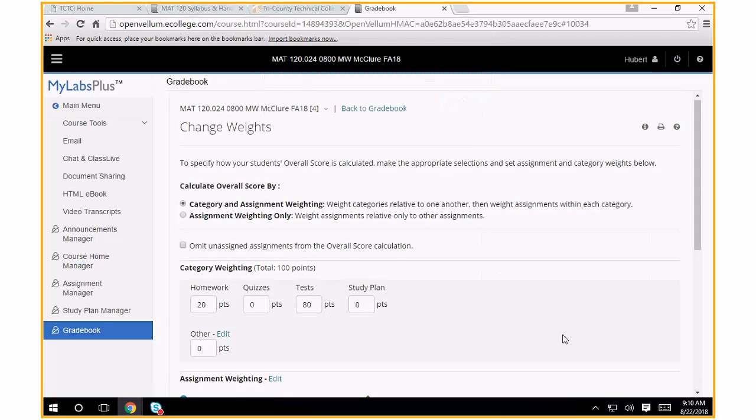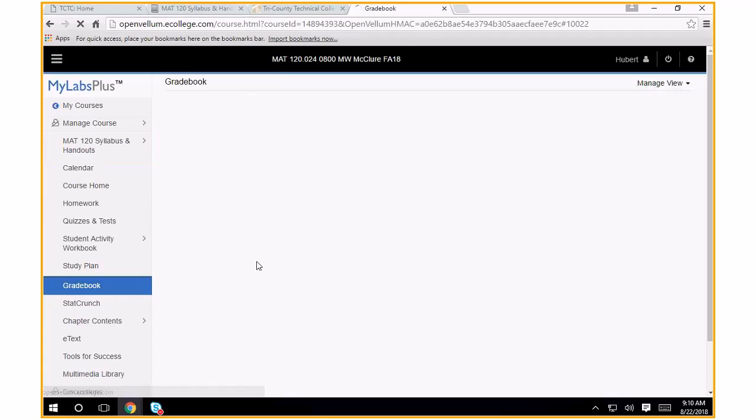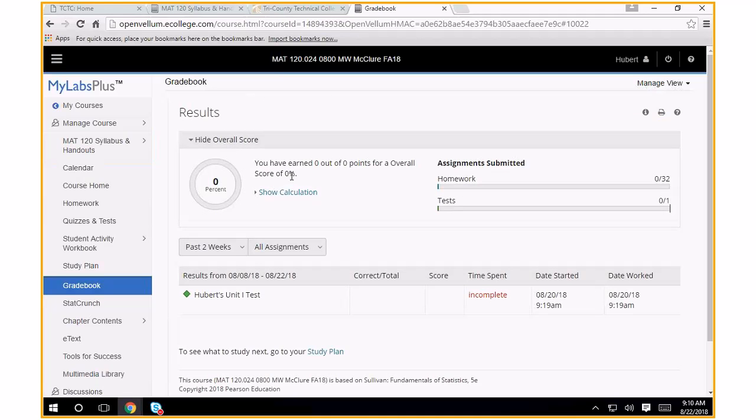All right, now when you go to overall grade in your grade book, it's going to read your grades, and it's going to calculate, and it's going to put it in this. Hit overall grade, show overall score, and then if you need more details, what do you hit? Show calculation.